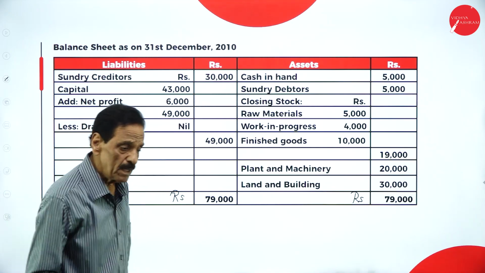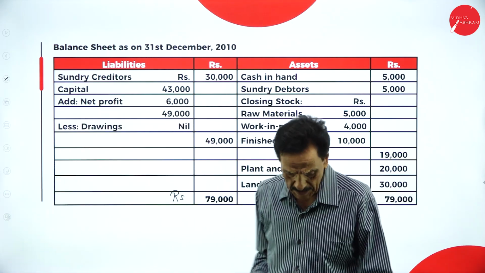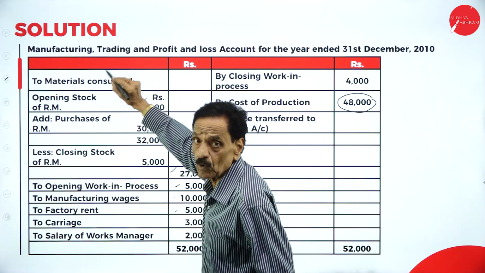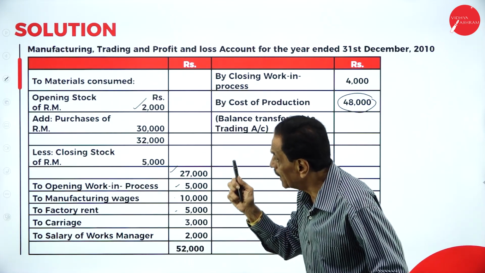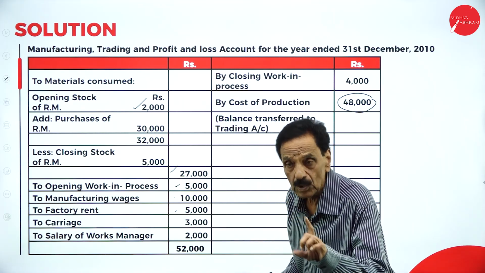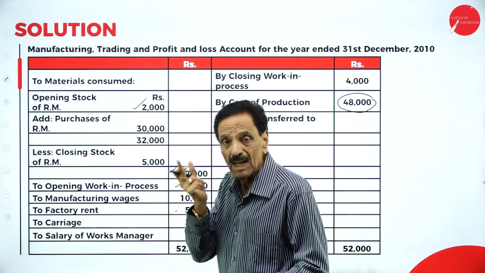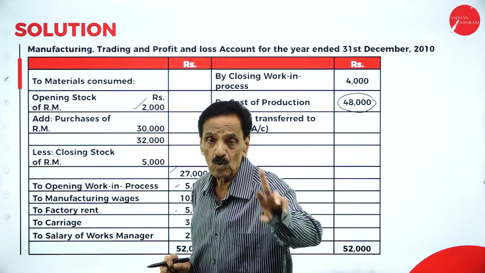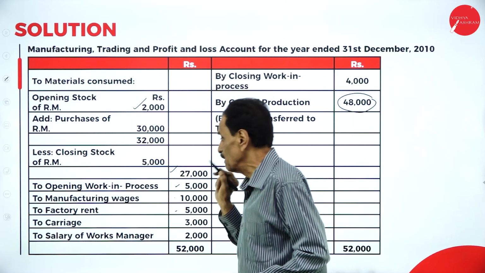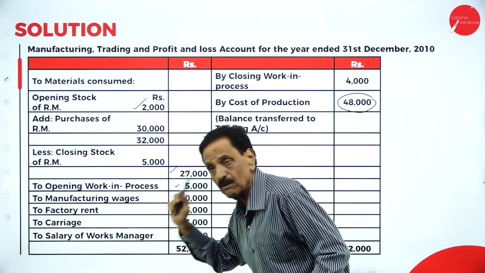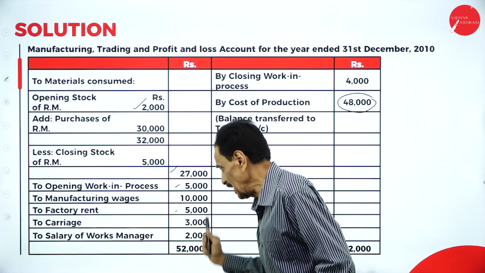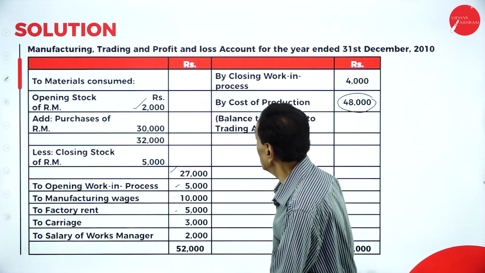Easy problem, 10 marks. I will repeat how it starts. We can put it first, this one, to opening work in progress, then to material consumed: opening stock of raw material, add purchase of raw material, minus closing stock of raw material, material consumed, manufacturing wages, factory rent, carriage, salary of the works manager.